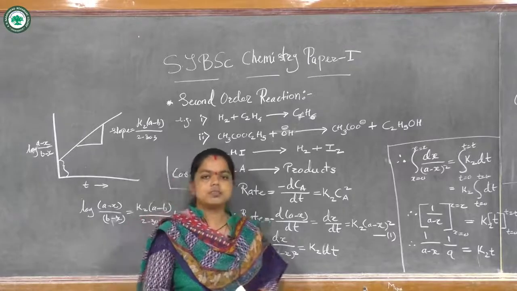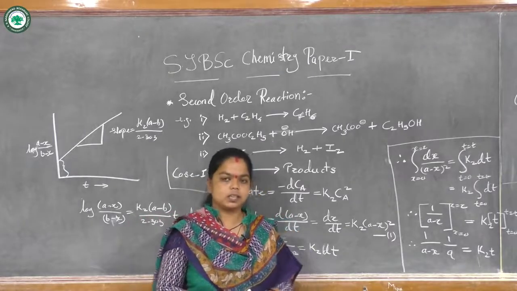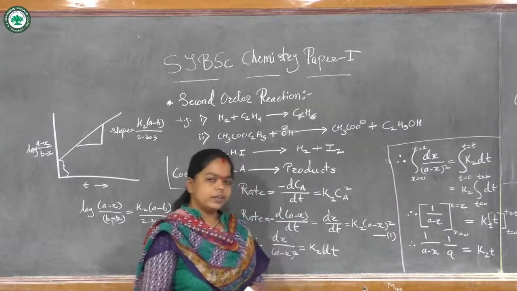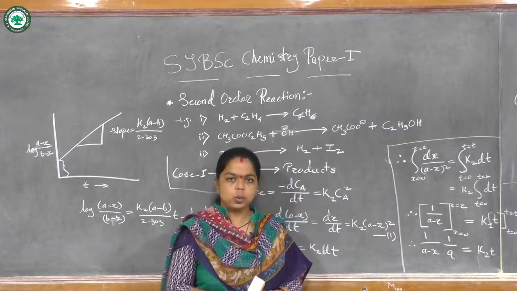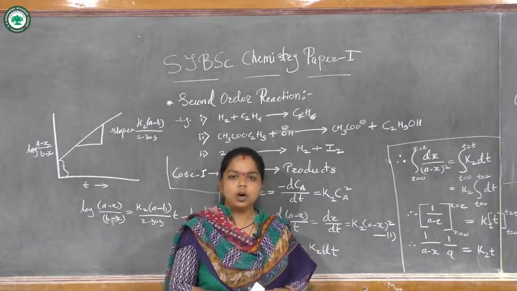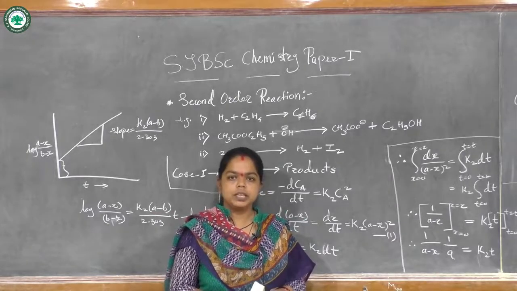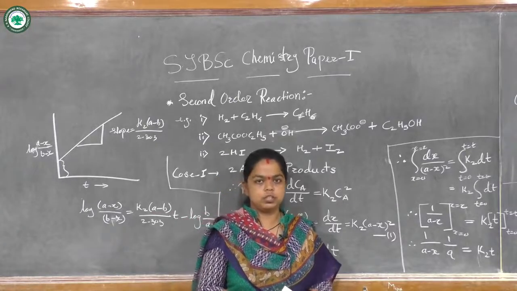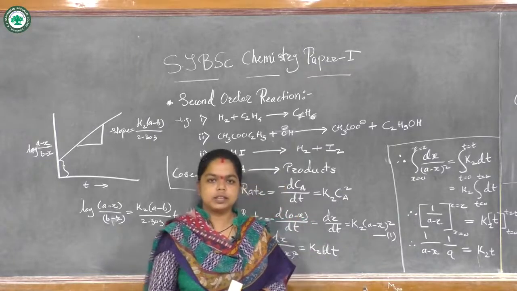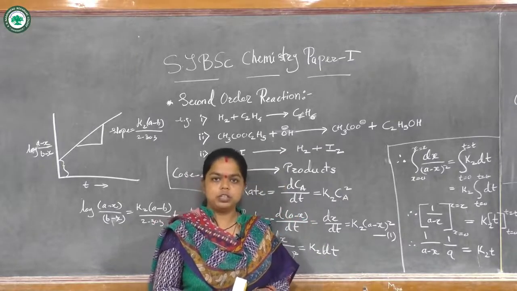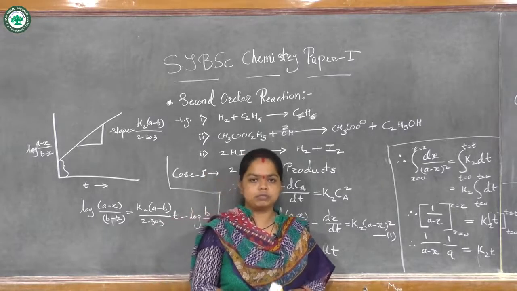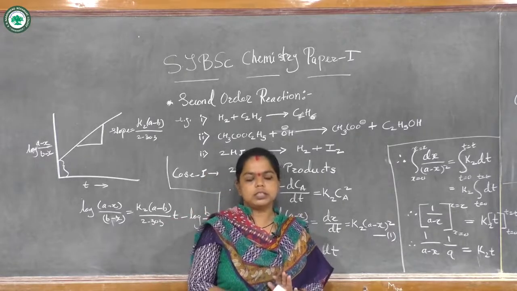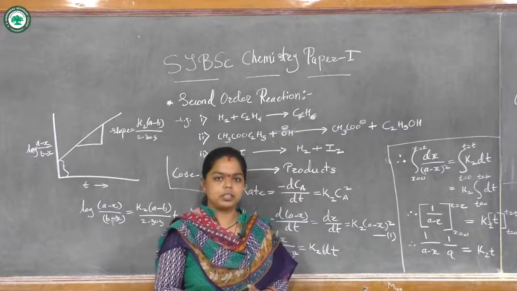So in this case we have to consider two cases. In the first case only one type of reactant is involved, so the exponent of the concentration term in the rate equation is 2. If two reactants are involved, the exponent of the concentration term of each of these reactants is 1, so 1 plus 1 equals 2.